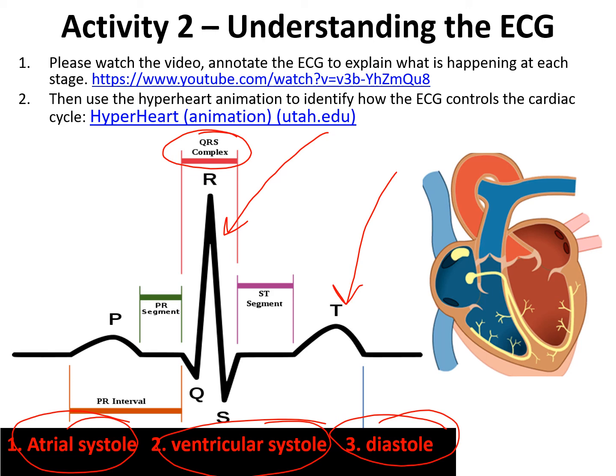Now you do actually have atrial diastole happening here during ventricular systole, but you can't see that on the ECG because the QRS complex is so large. So that's basically the ECG trace.